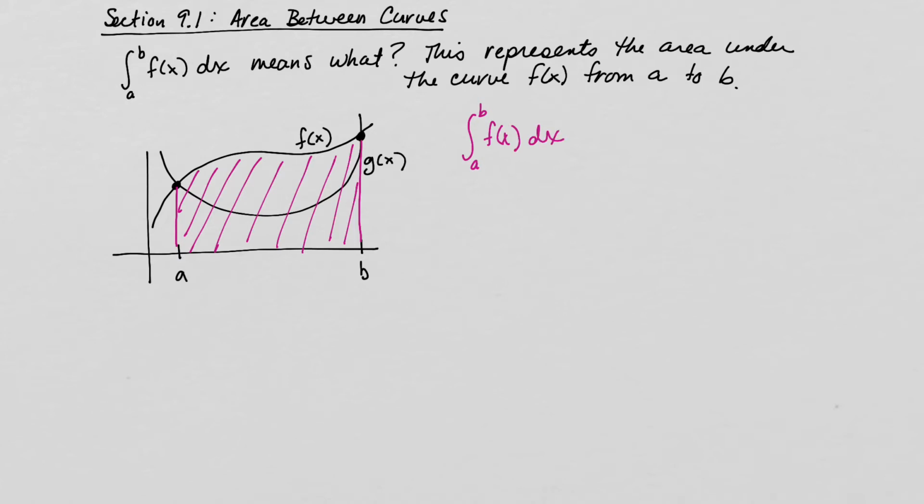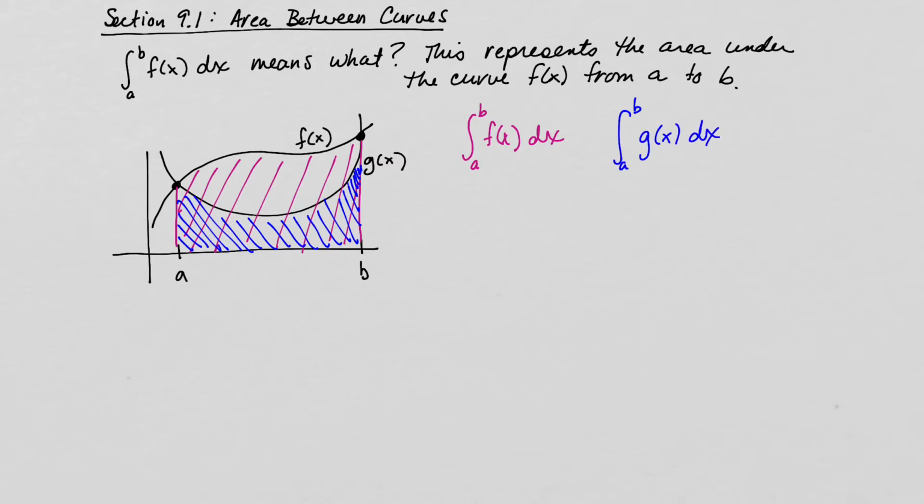And then if I took away the part under g of x, so now you have the integral from a to b of g of x dx.